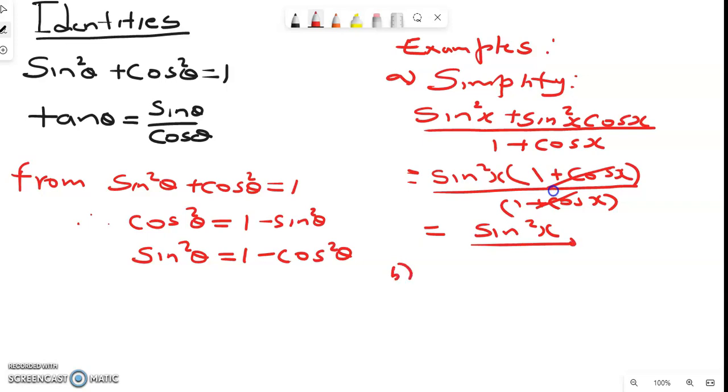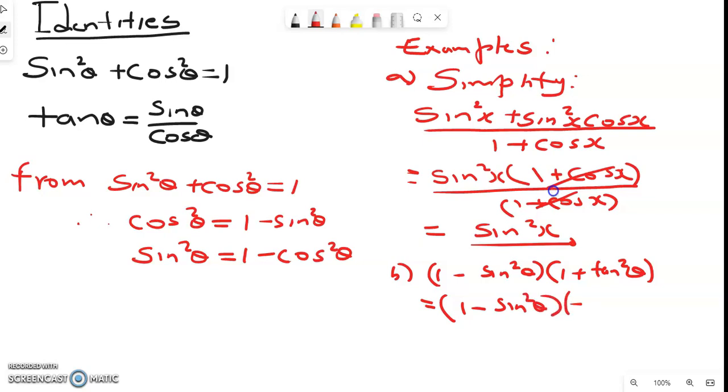Let us move to the second example. Let us take 1 minus sine squared theta, into 1 plus tan squared theta. This can be expressed as 1 minus sine squared theta.